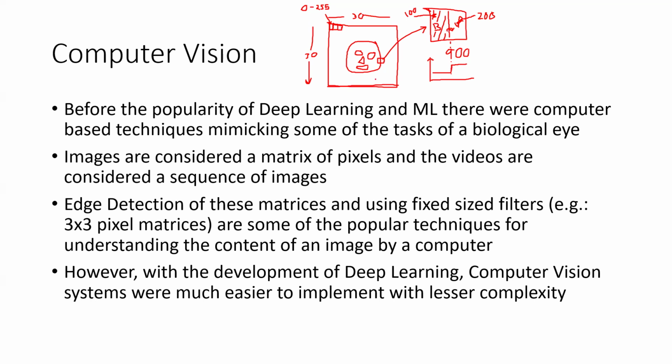So these are the edges. This is how we identify an edge. When there's a drastic intensity difference, you can identify this as an edge, right? So how do we identify this kind of drastic change?